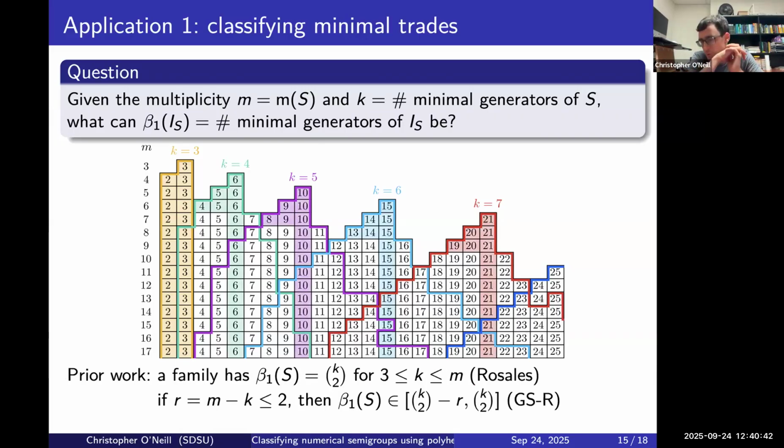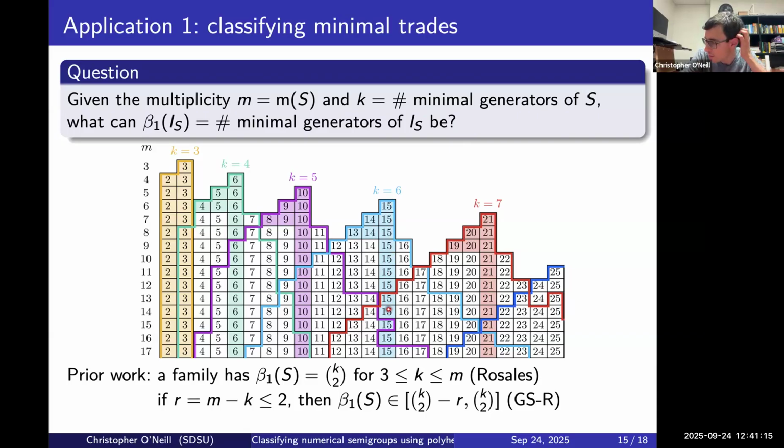There's a couple of papers from the late 90s and early 2000s that looked at this question. One of them was able to produce a family that went straight down each of these columns from the top of each of these mountaintops. So like the 15s going all down here, there was a particular family of semigroups produced for each given value of M and K that had exactly K choose 2 toric generators.